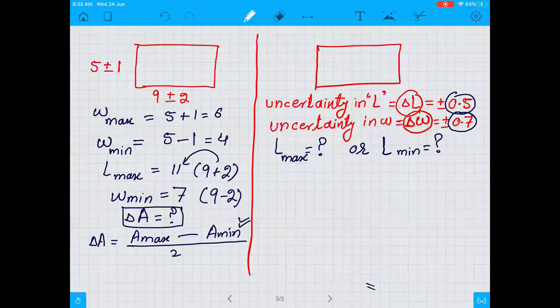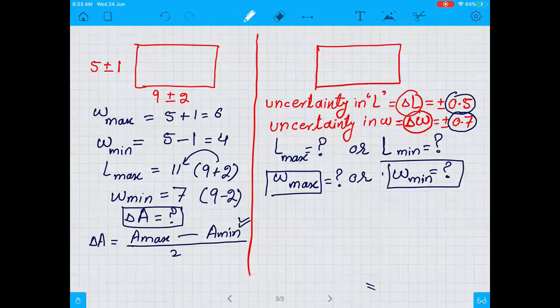In the same manner, you cannot find the maximum width or the minimum width. So this is the question in which the maximum and the minimum values cannot be calculated. The reason being, when the uncertainties are given and the original values are not given, then you cannot find the maximum and the minimum values.